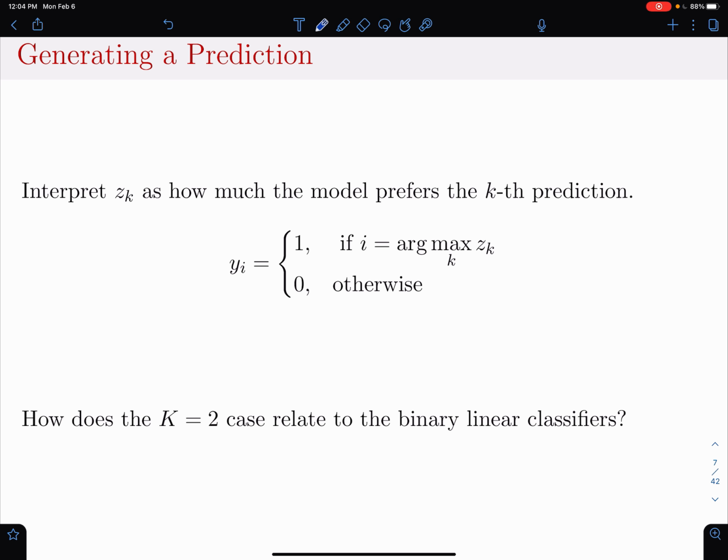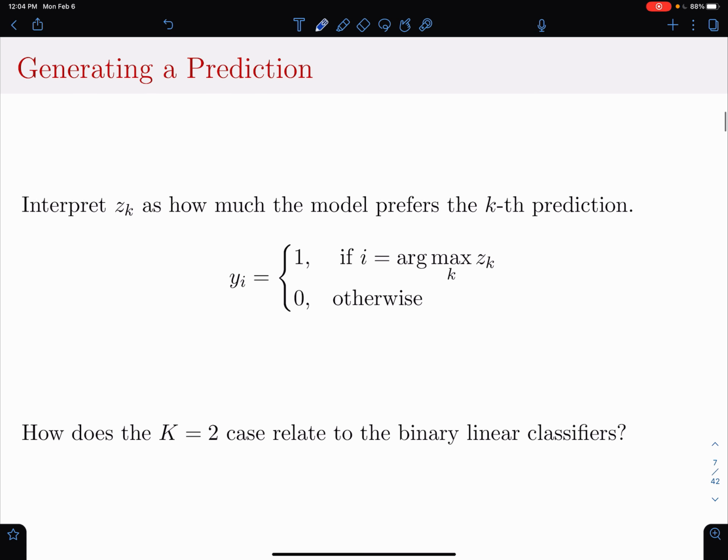So the way we interpret this K by 1 dimensional vector is we treat z sub k as how much the model prefers the kth prediction. So rather than just having a simple logistic cross-entropy loss, what we're doing now is taking the argmax, so whichever prediction is the maximum among our prediction vector, we take that as our prediction instead.